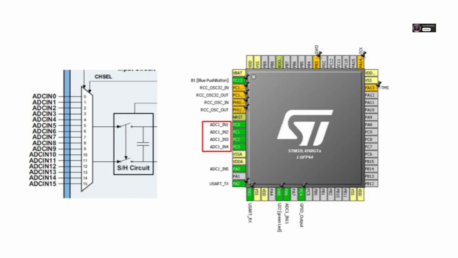Step 1, the hardware. What's key there? First, physically connecting your sensor output to the correct pin on the microcontroller. It has to be an ADC-capable pin. These are specific general-purpose input-output pins, GPIOs, that are internally connected to the ADC peripheral.